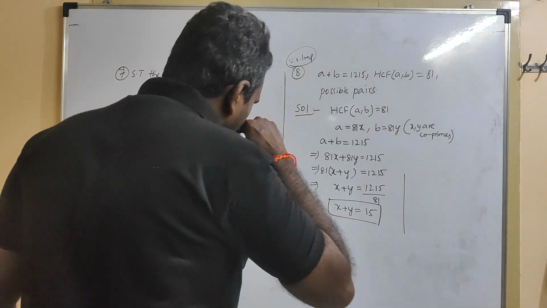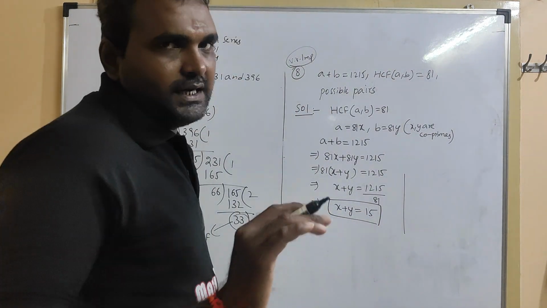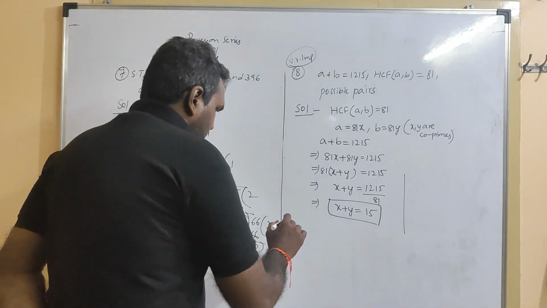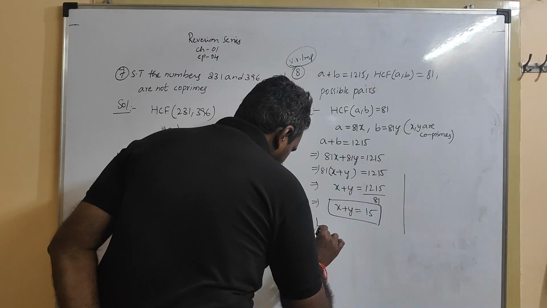And after that, see, 15 is there. What are the chances for 15 you see? 15 means 1 and 14, correct?